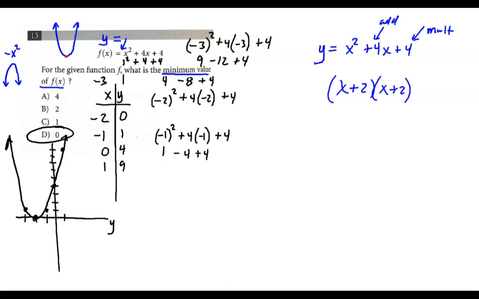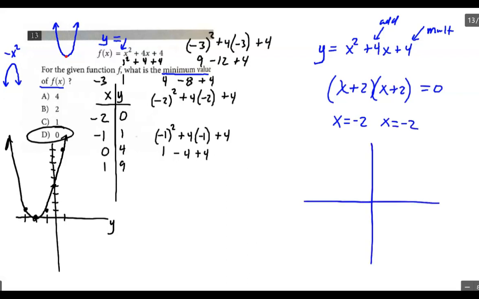And so if I set that equal to 0, I actually get to what's called the zeros of the function. And once I have the two zeros of the function, I see that, oh man, there's a double 0 here. You know, there's a double 0 at x equals -2 right there. So whenever you get a double root like that, that means that it comes down and it just kisses it and it bounces right back up. So I know that this one had to have a minimum y value of 0.